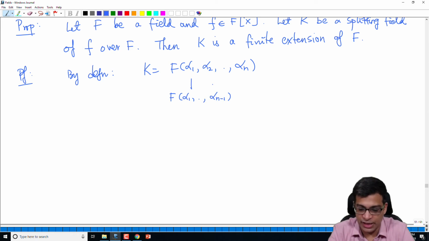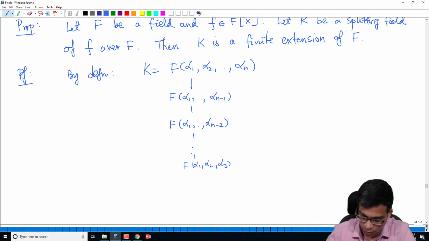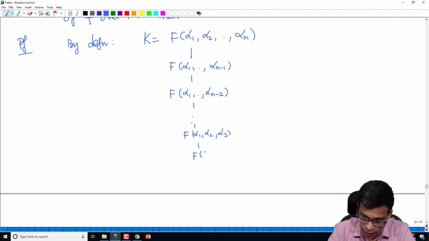So this is generated by alpha n over this is generated by alpha n minus 1 over this, and all the way up to f alpha 1, let's say alpha 2, alpha 3, to f alpha 1 alpha 2 to f alpha 1 to f.